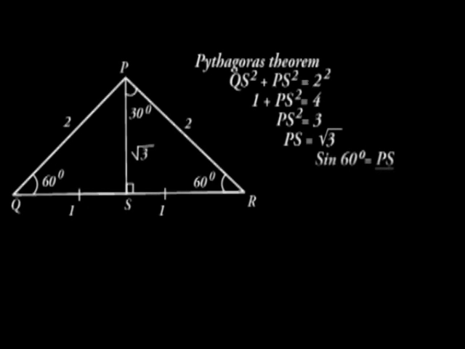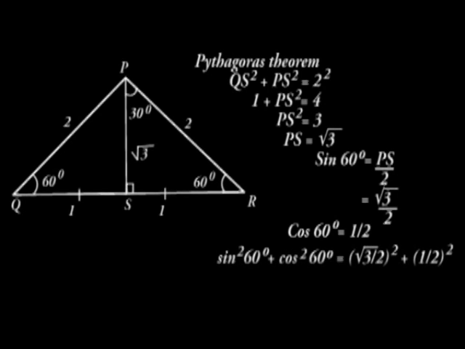Sin 60 degrees is equal to PS over 2, which is root 3 over 2. Cos 60 degrees is equal to 1 over 2.